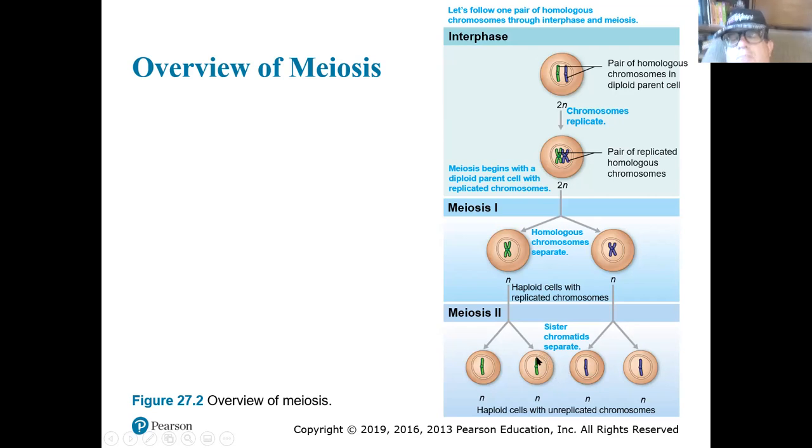You could have most of the genes of dad, but some of the ones from mom, and most of the genes from mom, but some of the ones from dad, because they swap ends. That's a lot more variation than just the two options of, oh, I got the dad genes I passed on, or oh, I got the mom genes I passed on. All right.